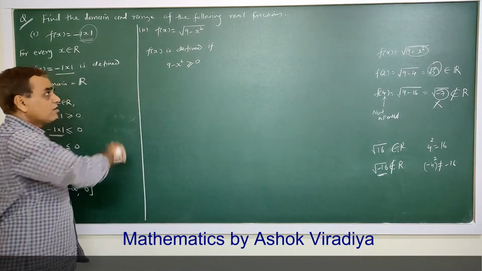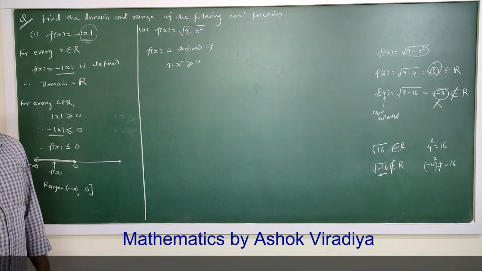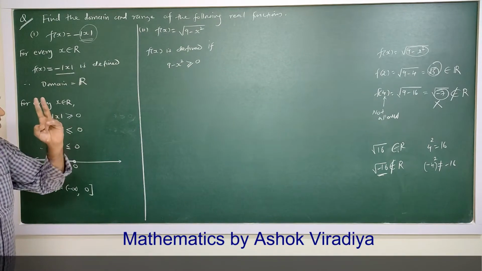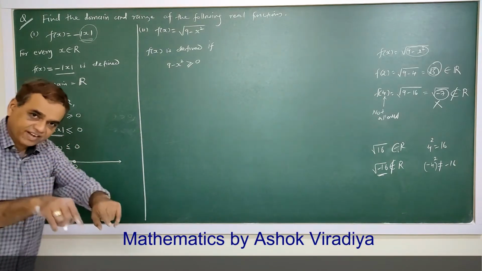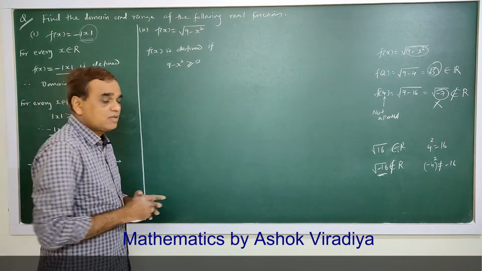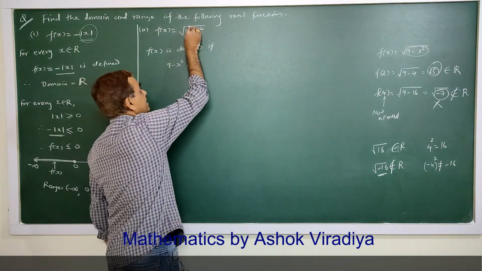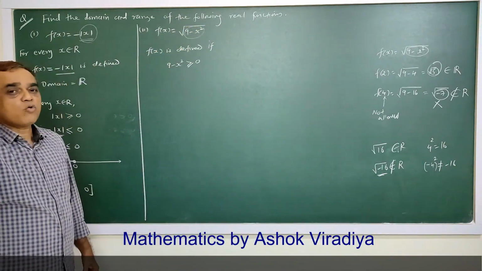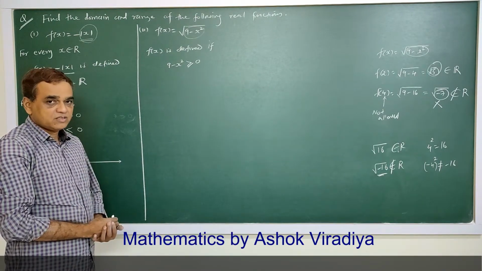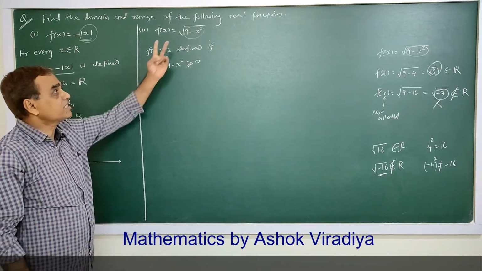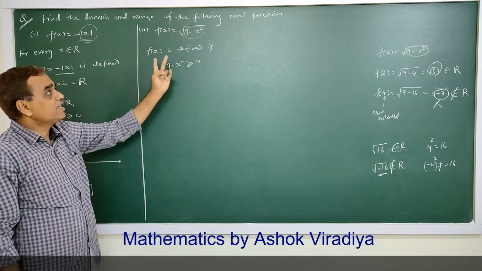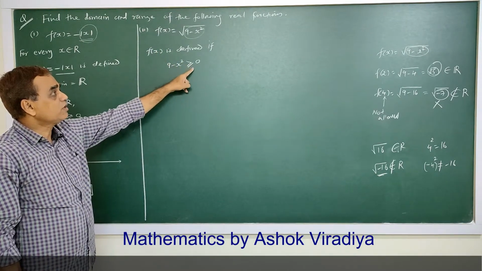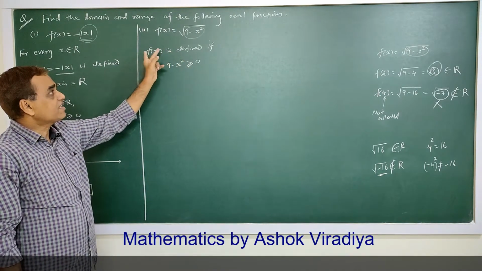It can be 0 also, because square root of 0 is 0, that is defined. So if anything is given in a square root sign and you need the domain of such a function, then this is the beginning: whatever is given in the square root sign, its value must be greater than or equal to 0, then f(x) is defined.